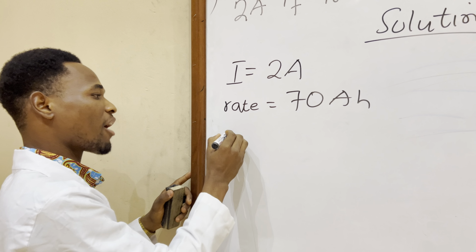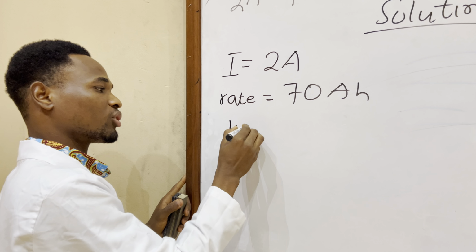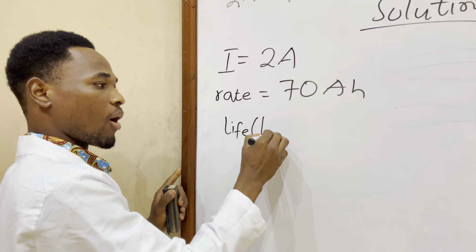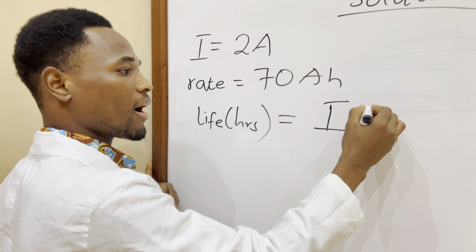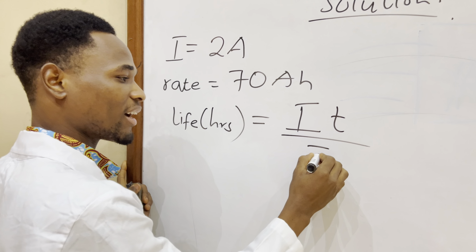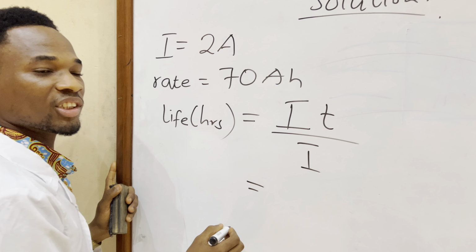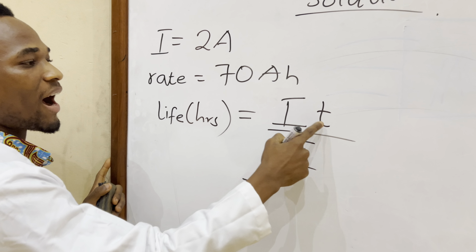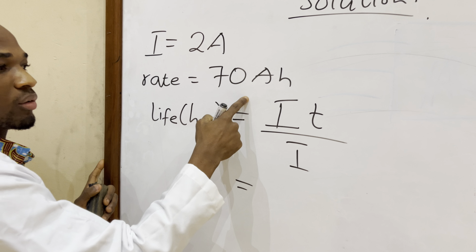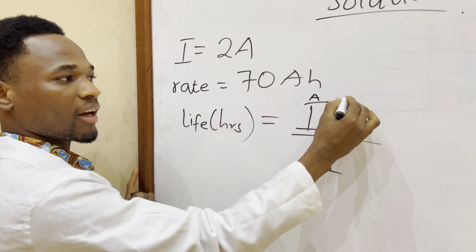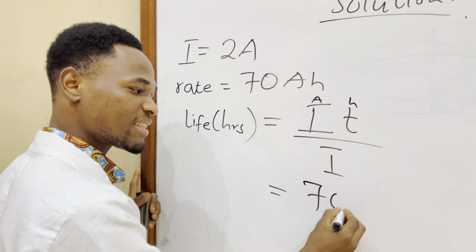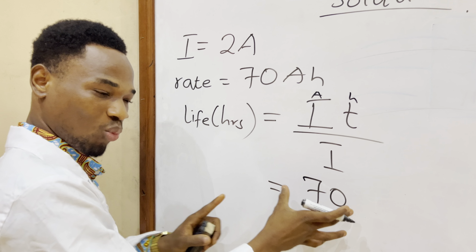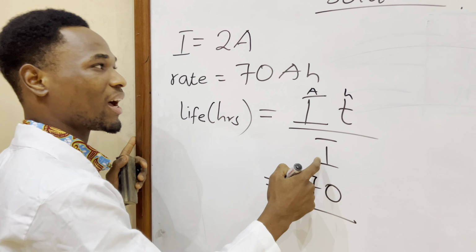So we have the time, which is your life in hours, equals the IT over the I. By substitution, the IT denotes the 70 ampere hour, all over the I from the question.